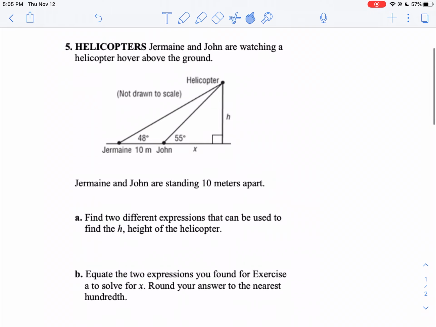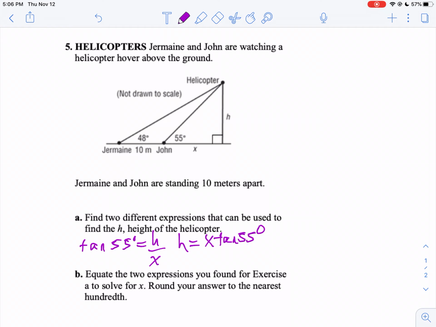So for the first question, I'm going to say the tangent of 55 degrees equals h over x. And we want to get an expression for h by itself. So I'm going to multiply both sides by x. So in other words, h equals x times the tangent of 55 degrees.